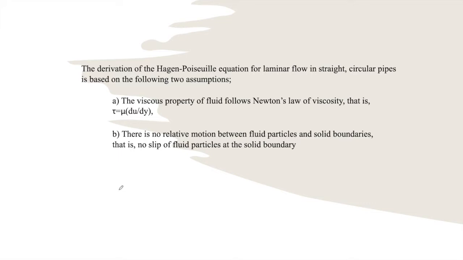The first one, the viscous property of the fluid follows Newton's law of viscosity, which means the fluid that flows in the circular pipe must follow Newton's law of viscosity.